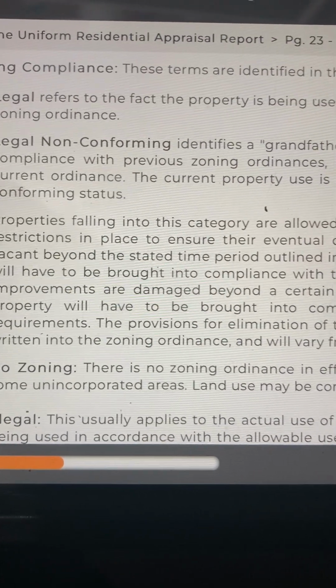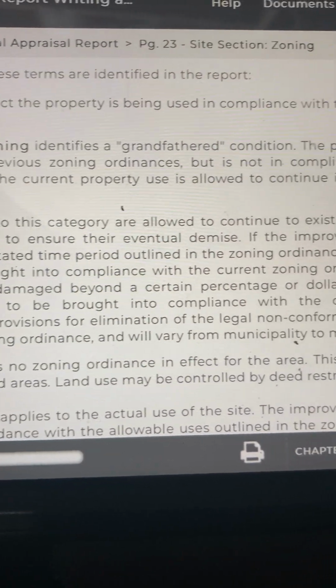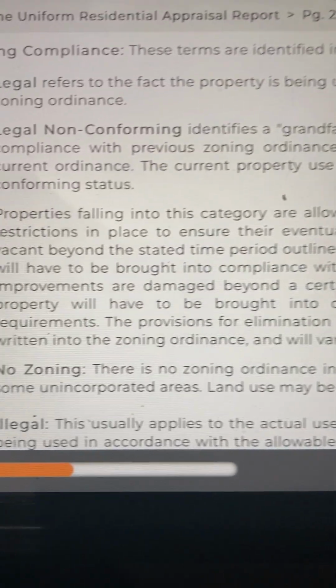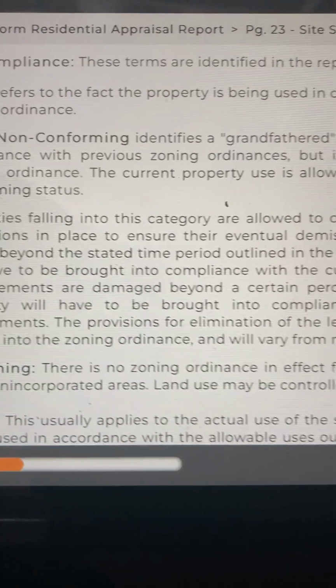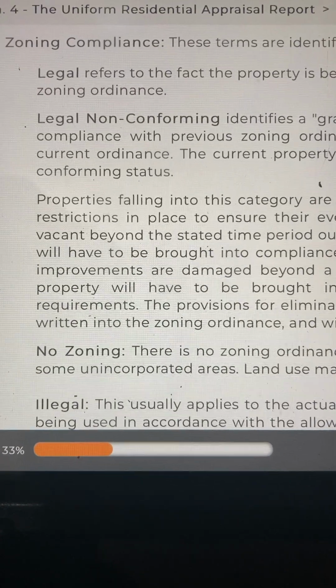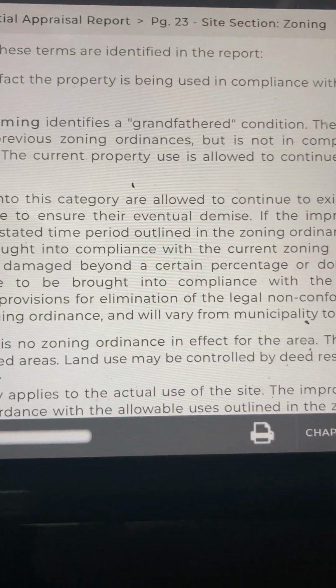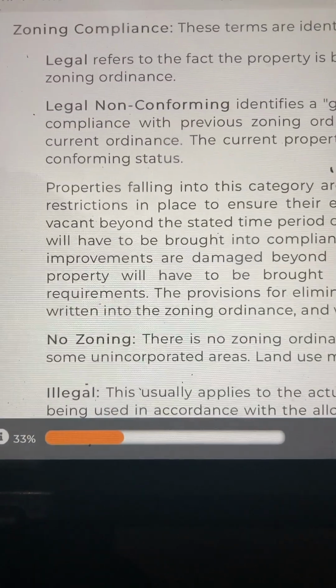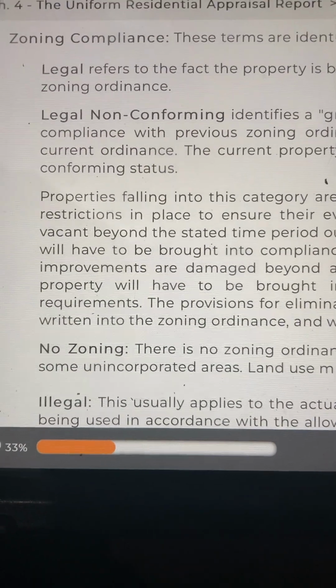Legal nonconforming identifies a grandfathered condition. The property was in compliance with previous zoning ordinances, but is not in compliance with the current ordinance. The current property use is allowed to continue in a legal non-conforming status.